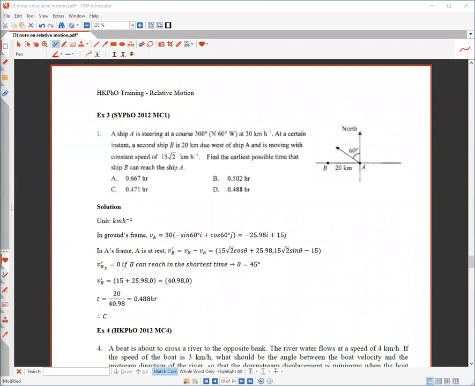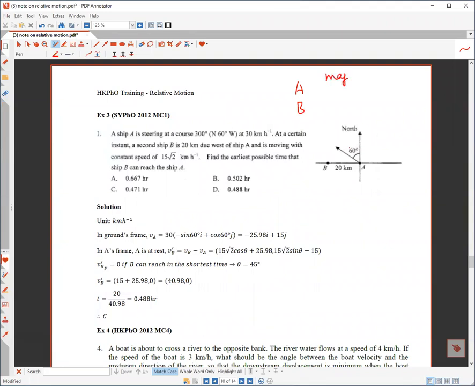So it's ship A, at a certain instant, ship B is 20 kilometers due west of ship A. So in this case, A and B are two objects.